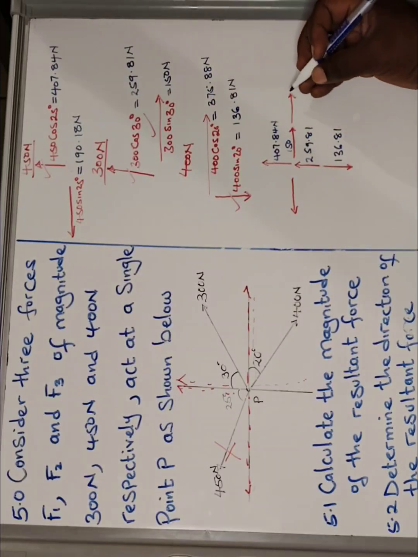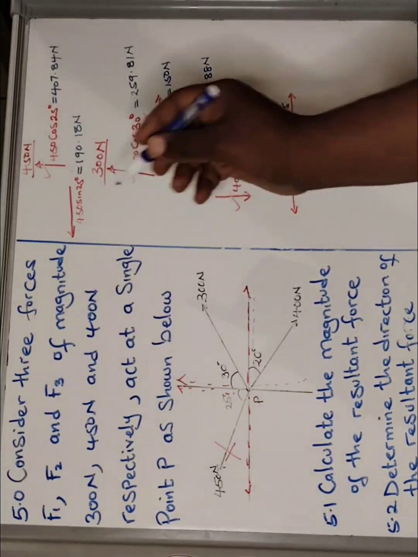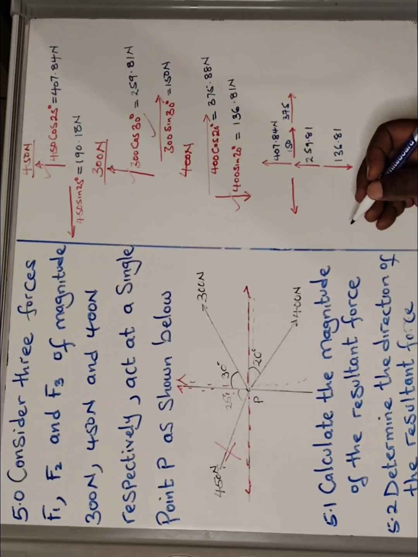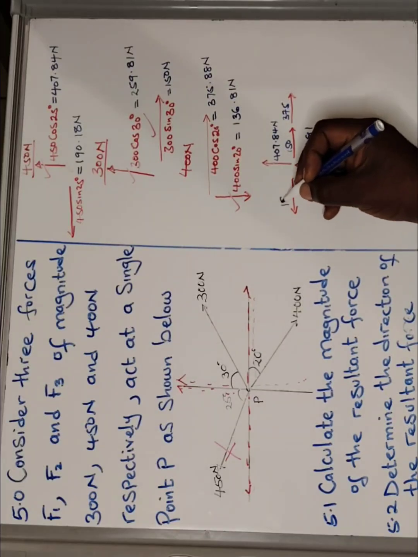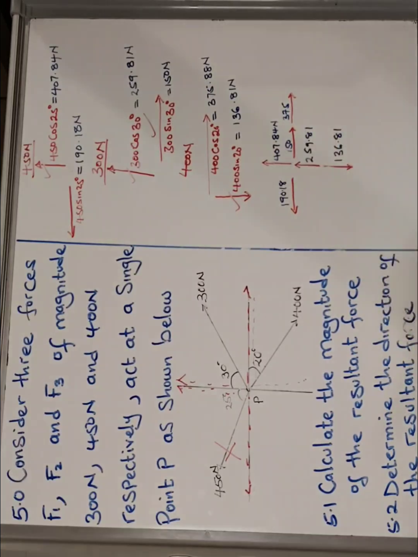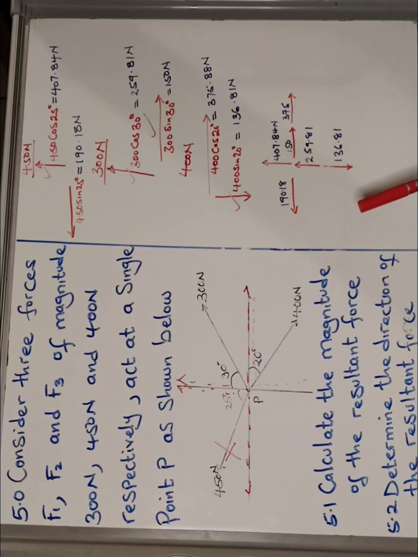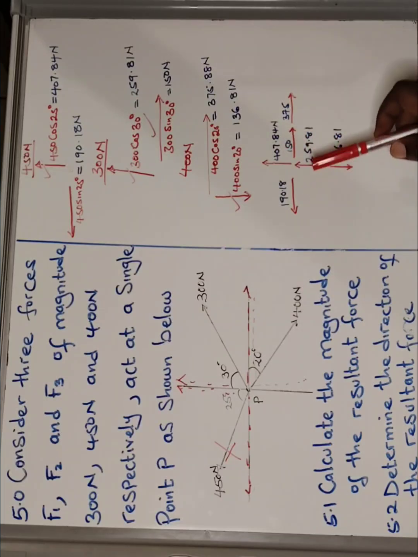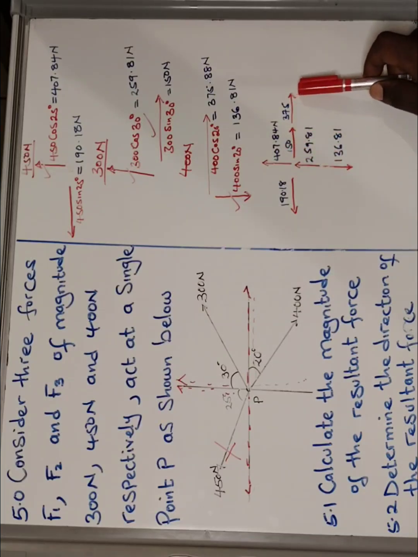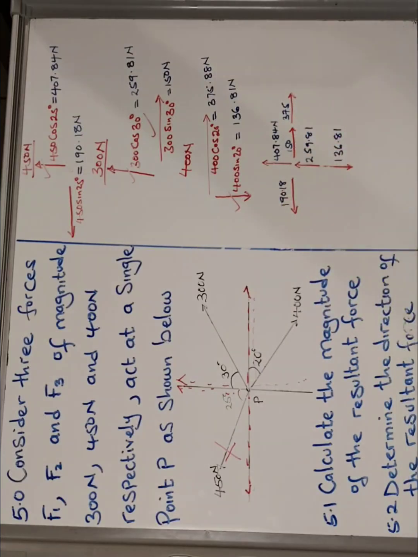And this one is 375. And that one is 190.18. So this is what we have. After that, what are we going to do? You add those which are in the same direction, and you subtract those which are in opposite direction. The same applies here, and this is what we get.